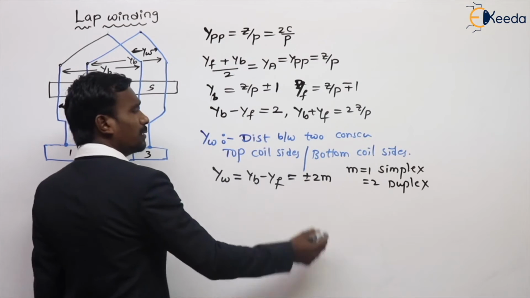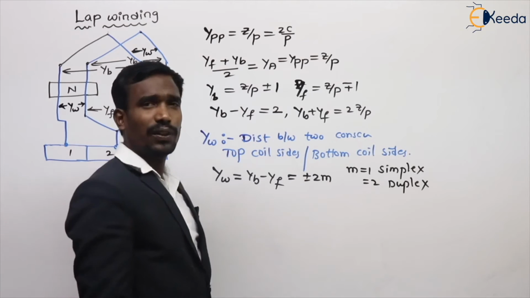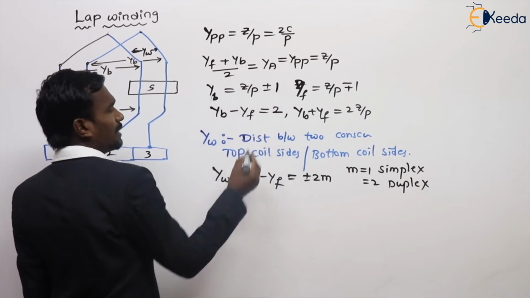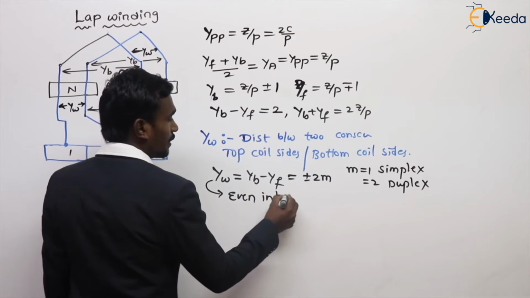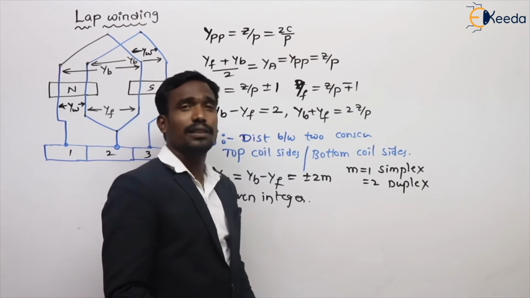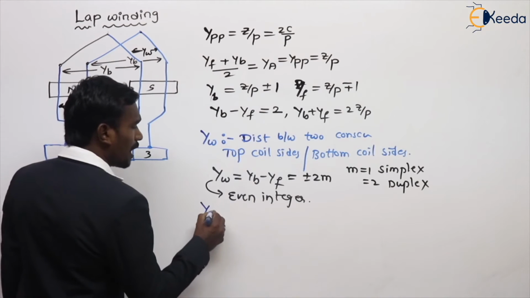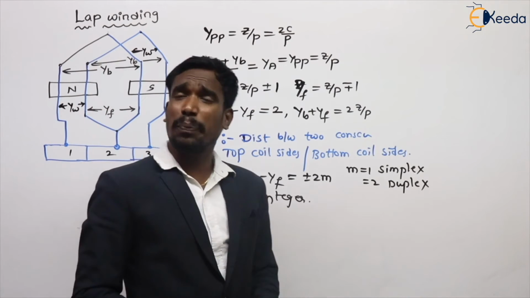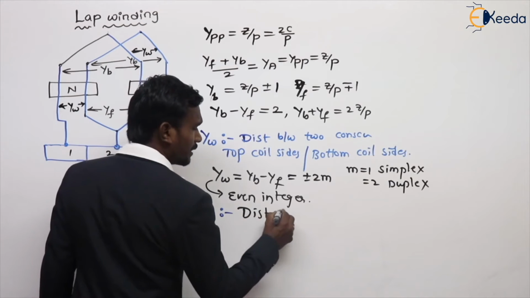Plus for progressive and minus for retrogressive. If YB and YF are odd integers, then this is an even integer. This is also important. You should remember the winding pitch is always an even integer. Next one, commutator pitch. What is this? Commutator pitch is nothing but the distance between two commutators.